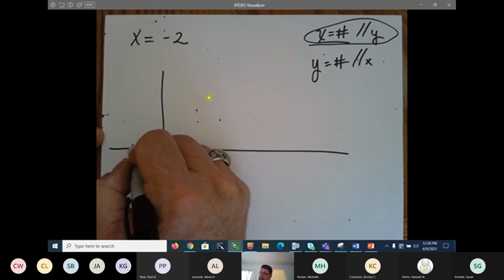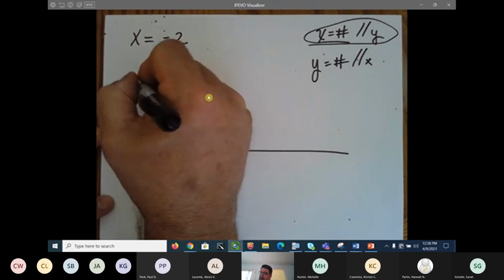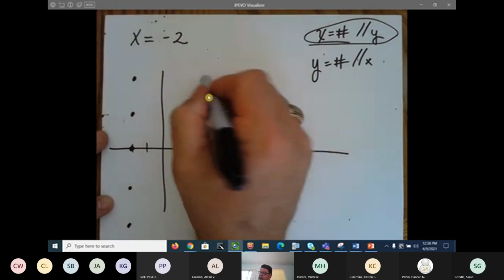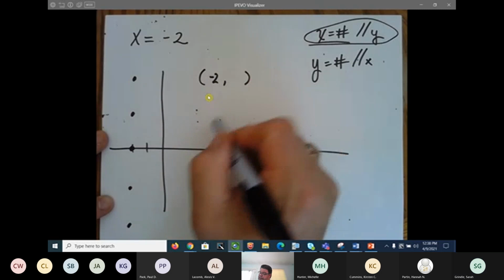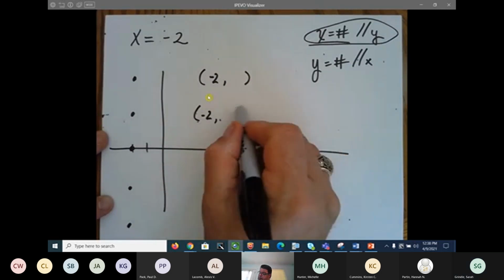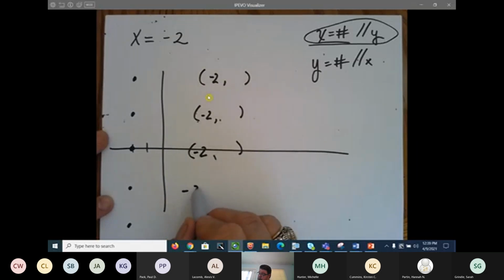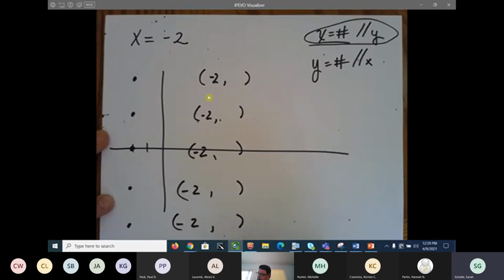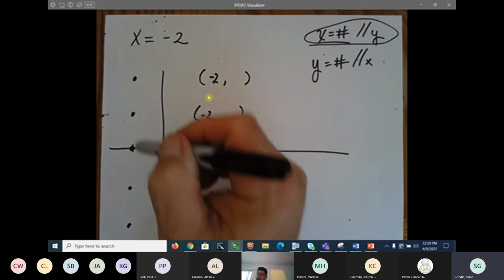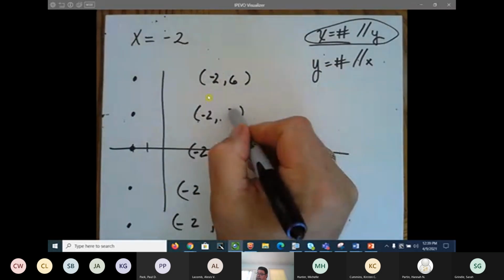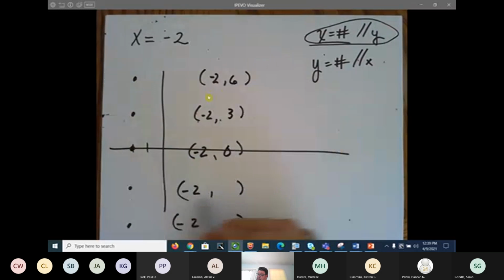-1, -2. That means that each dot that you put down, X is going to be equal to what? -2. -2. So this could be 1, 2, 3, 4, 5, 6, 3, 0, -3, -6.